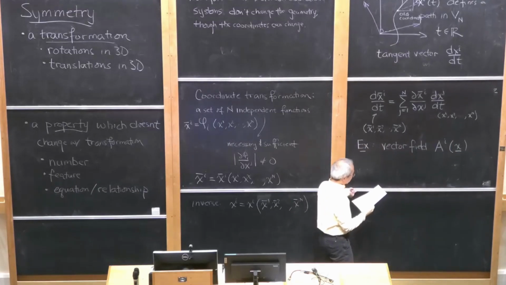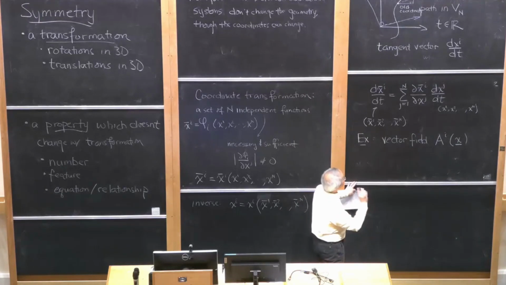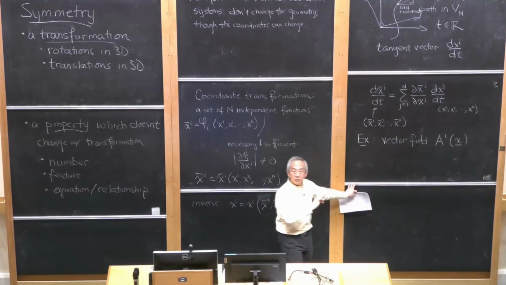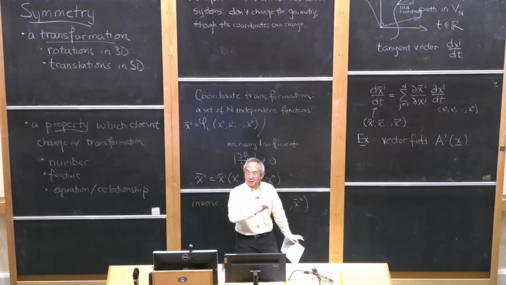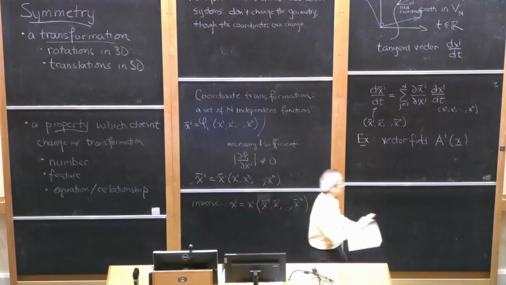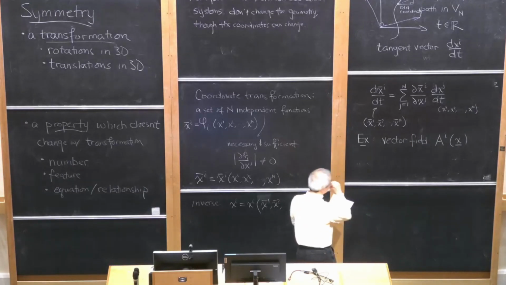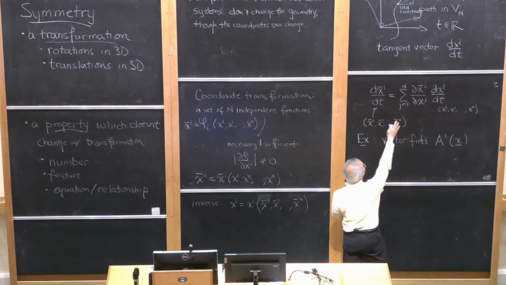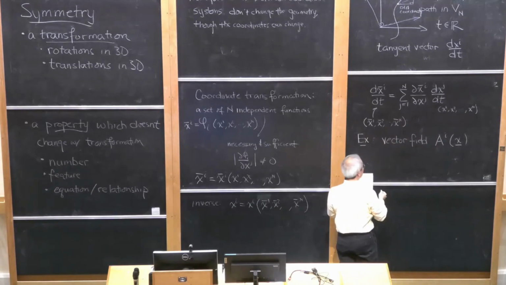And then the question is, how does this actually transform? We're just going to take the analogy. Sorry, sometimes when people whisper, I wonder if I've written something incorrectly, which is all right, please do correct me if I have. Anyway, we can look at this by analogy and write down a transformation rule for the vector field.